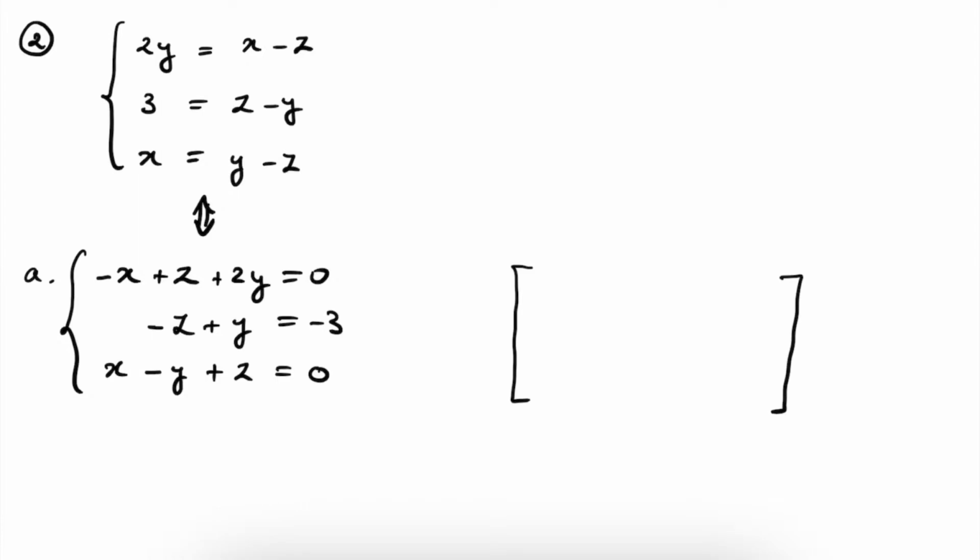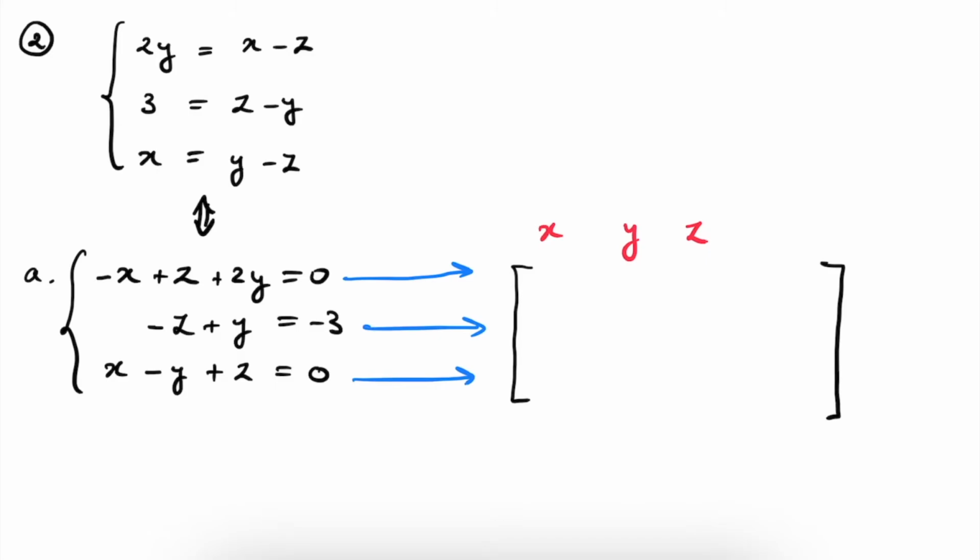And of course, we know that the first equation, the second equation, and the third equation will correspond to the first, second, and third row of this matrix. And equivalently, the first column, the second column, and the third column will correspond to x, y, and z parameters. And the final column will correspond to the coefficients without any x, y, or z, namely the right-hand side of the equality sign. So how does this look?